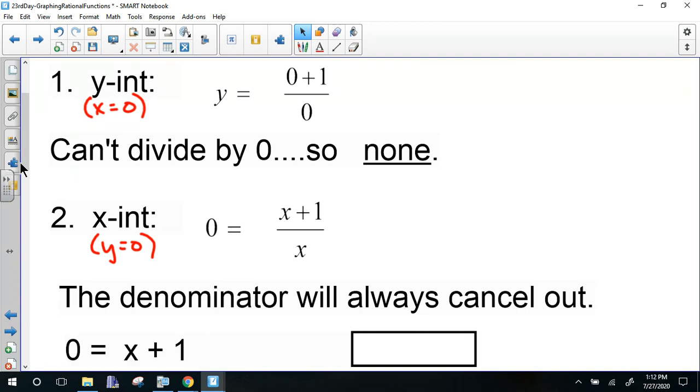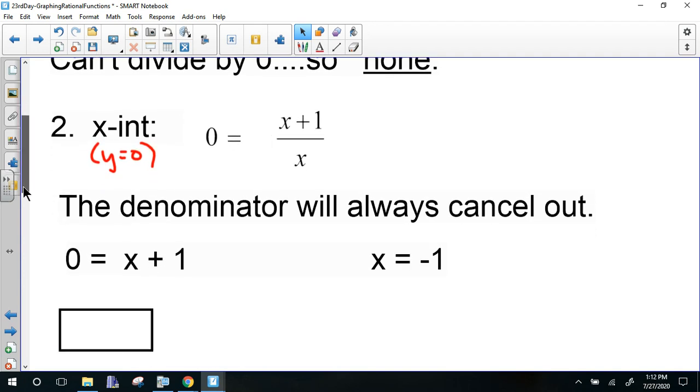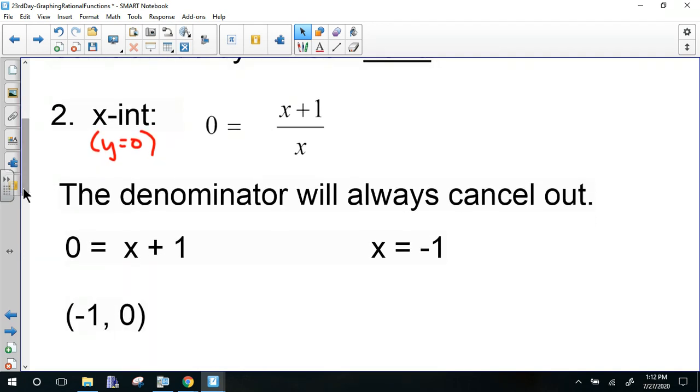So all I've got to do is take my numerator, set that equal to 0, and solve. So my x-intercept would be -1, 0. So for your horizontal intercept, your x-intercept, just look at the numerator, set it equal to 0.